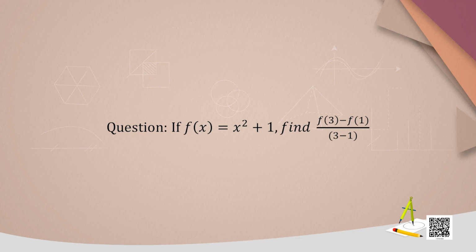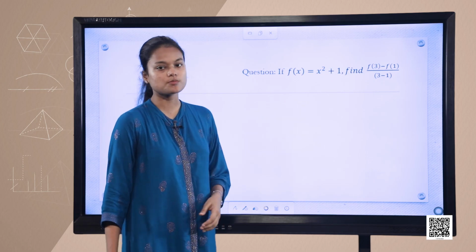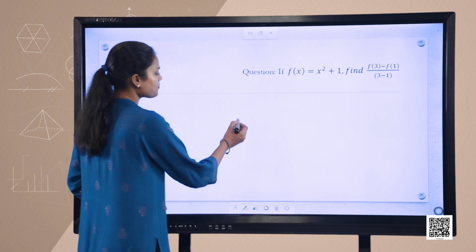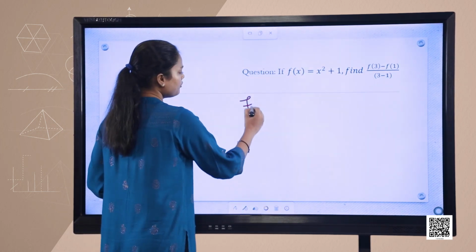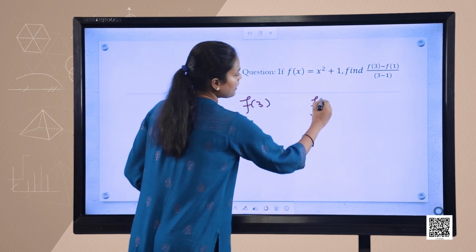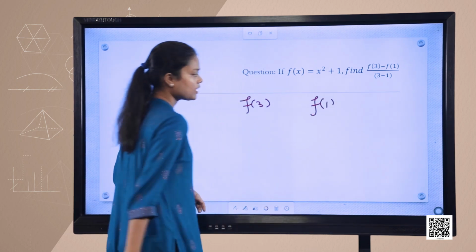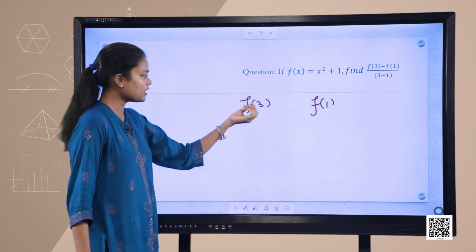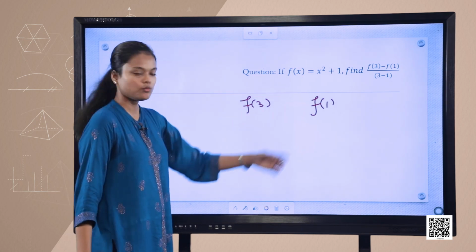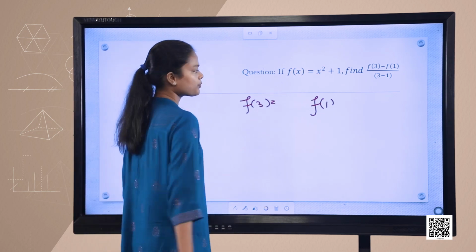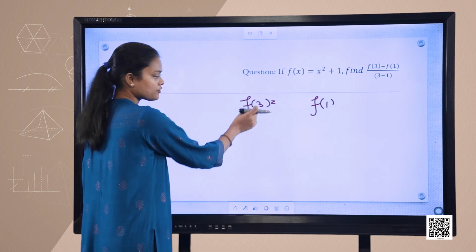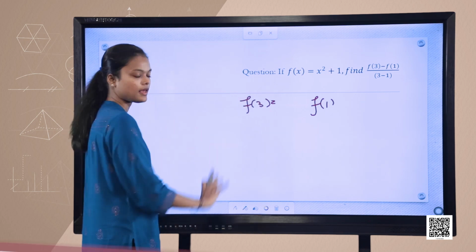Here f of x is a polynomial function which is x square plus 1 and we have to find the value of this given expression. In this, what values do we have to first find? f of 3, f of 1. We have to first find the image of the elements 3 and 1 of this polynomial function. So on putting the value, what is the image of 3 in this function f?